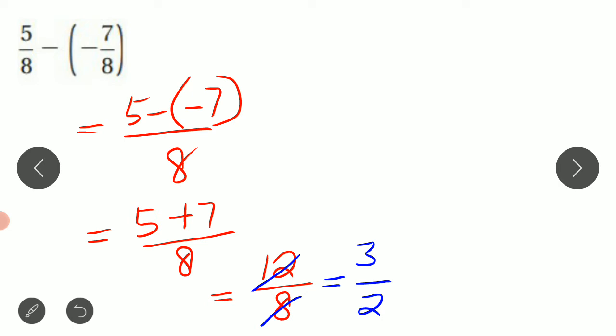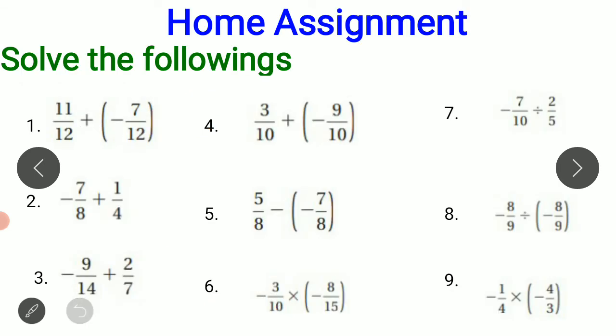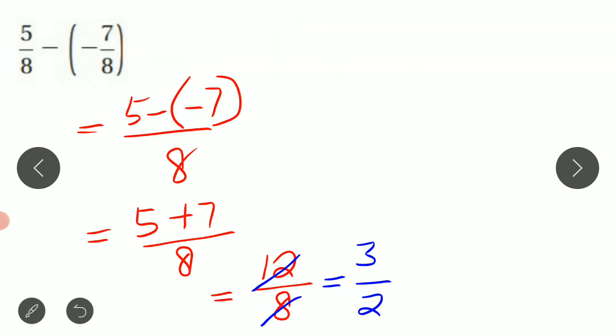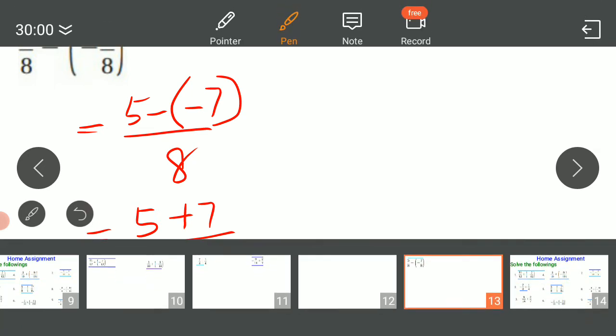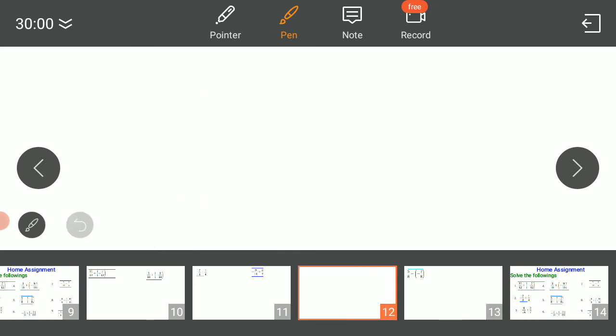Let's see, suppose the denominators are different, how to simplify? 3 by 8 minus 7 by 5. Okay, we are getting like this.